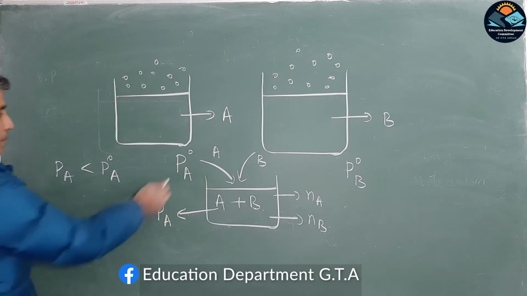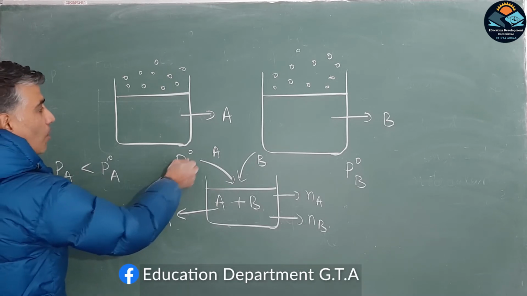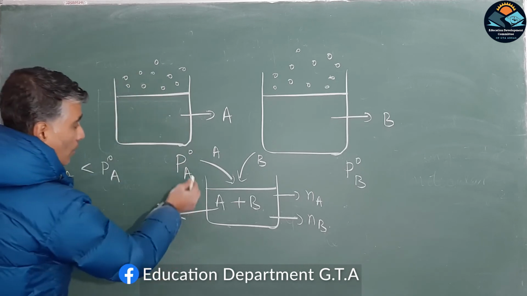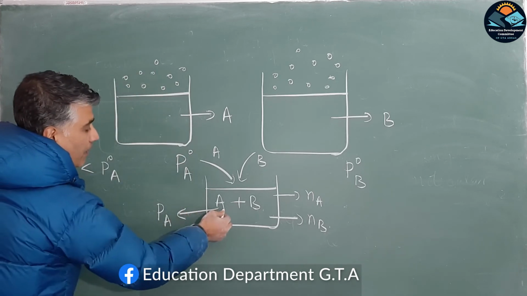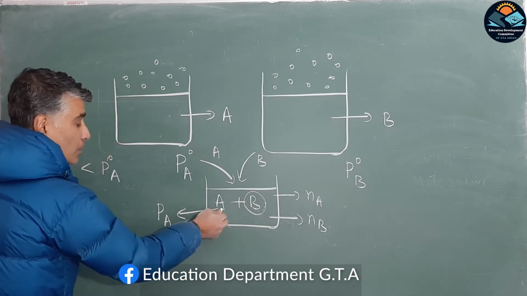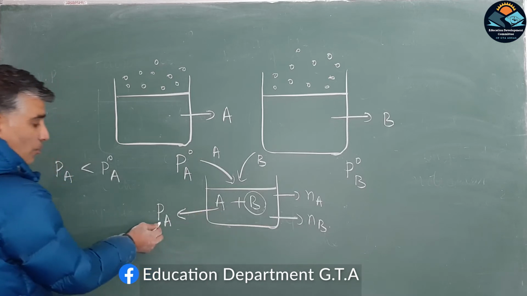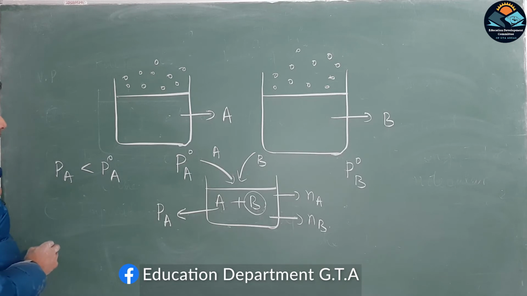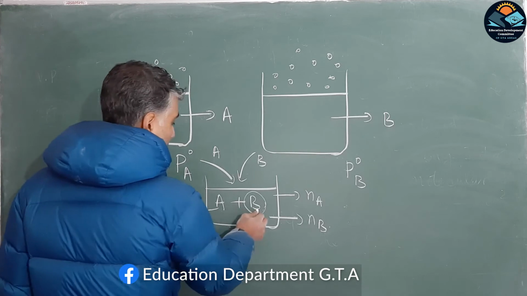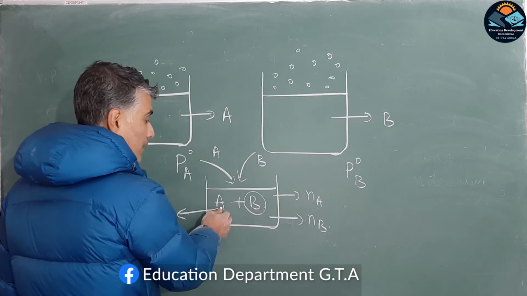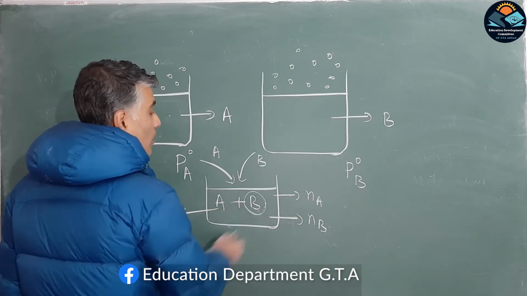Why? Because P degree A is the vapor pressure of A in pure state. In pure state, liquids have higher vapor pressure, whereas PA is the vapor pressure of A when it is mixed with B. So B acts as an impurity. It will lower the vapor pressure of A. So PA, the vapor pressure in the mixture, is less than what it is in the pure state. Similarly, for B, A acts as an impurity, and because of that, the vapor pressure of B also goes down.